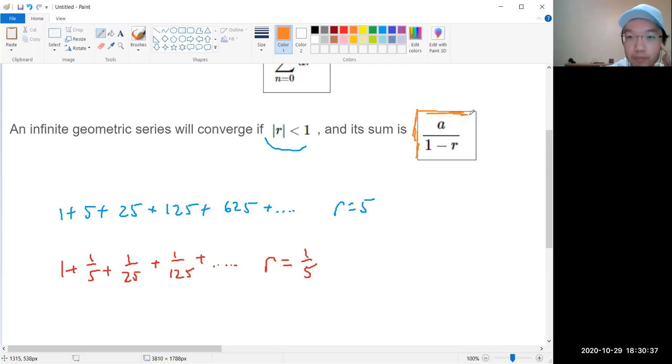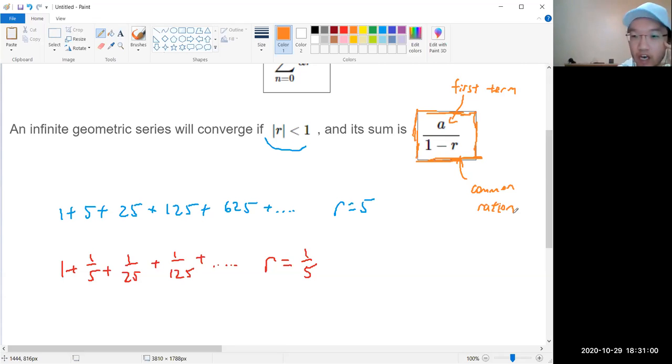It's a over 1 minus r. So a is the first term in the geometric series, and r is the common ratio. And that is the formula for the sum of an infinite geometric series.